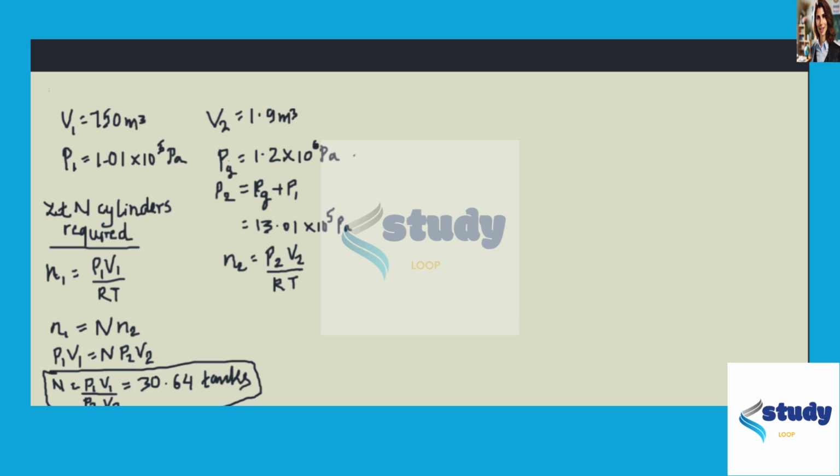So that is part A of the question. Now let's move on to the next part, that is B. What is the total weight that can be supported by the balloon if both the gas in the balloon and the surrounding air are at 15 degrees Celsius?